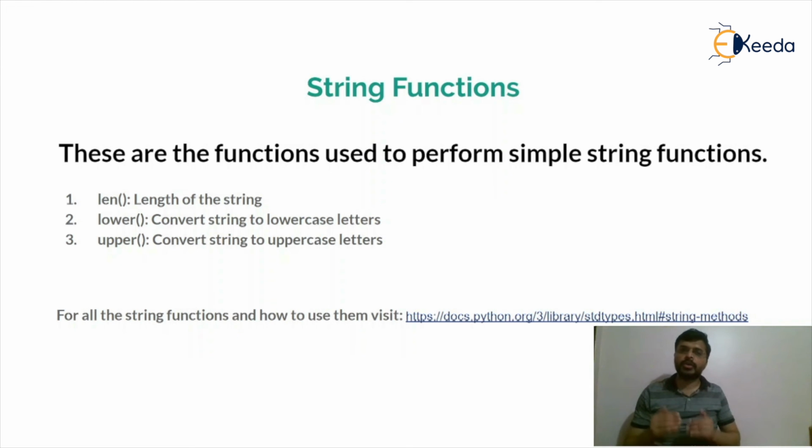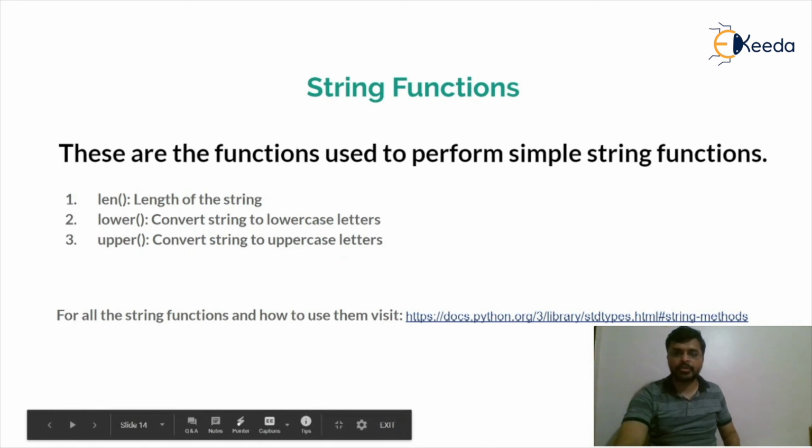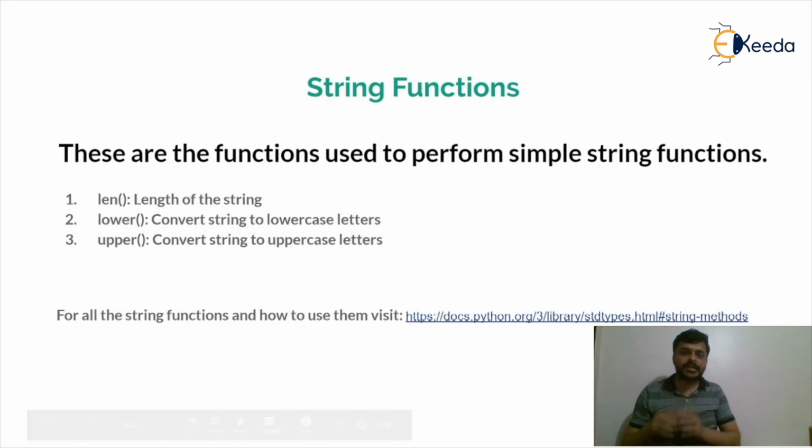Lower is used to convert all the characters into lowercase. Upper is used to convert all the characters into uppercase. These are the generally used functions. There are more functions available which you can see by visiting the URL that I have provided here. Go to that URL and see all the functions which are available for strings.